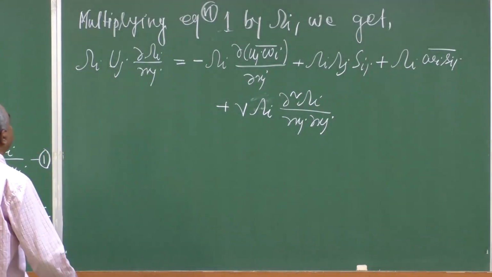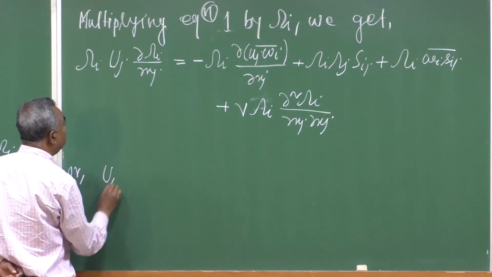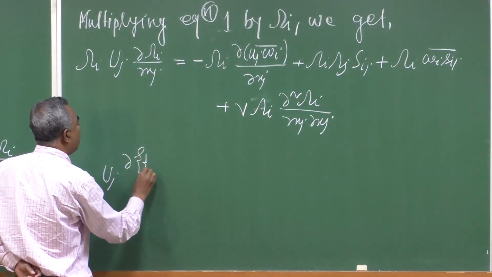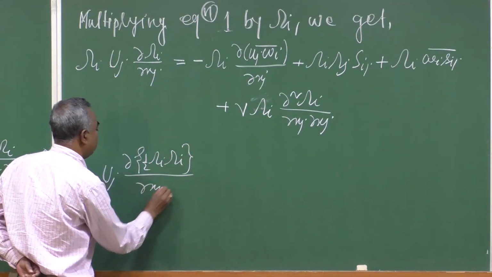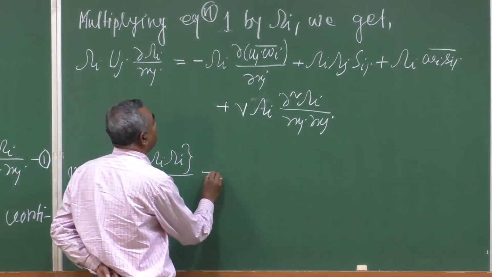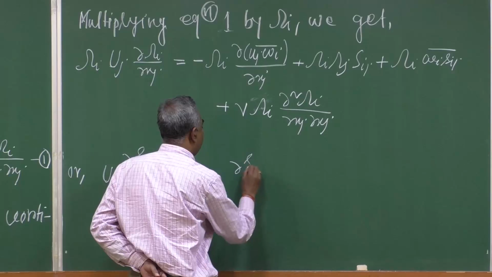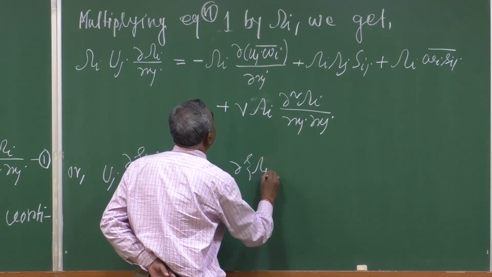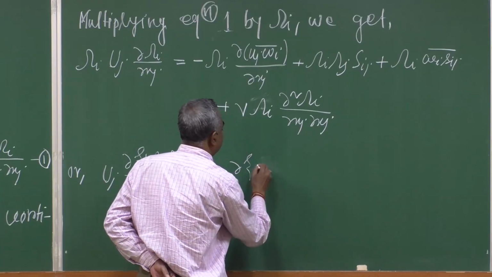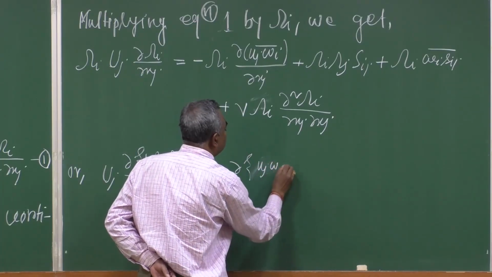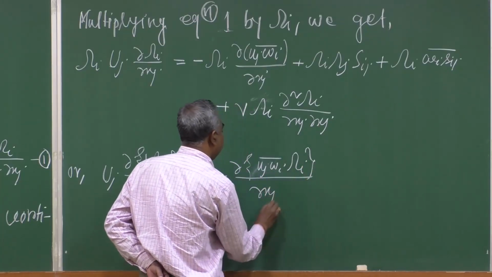Now, you see the left hand side of this equation can be written as u j del half omega i omega i, del x j. And the first term we can write as minus del u j omega i, del x j.